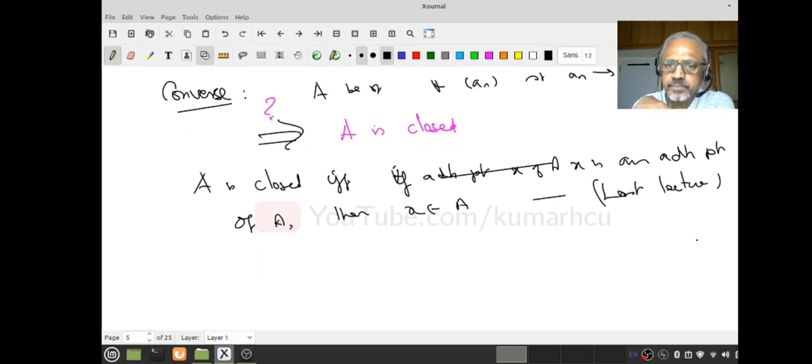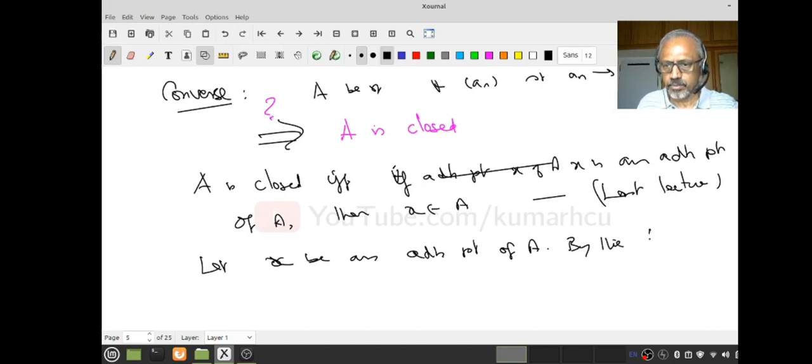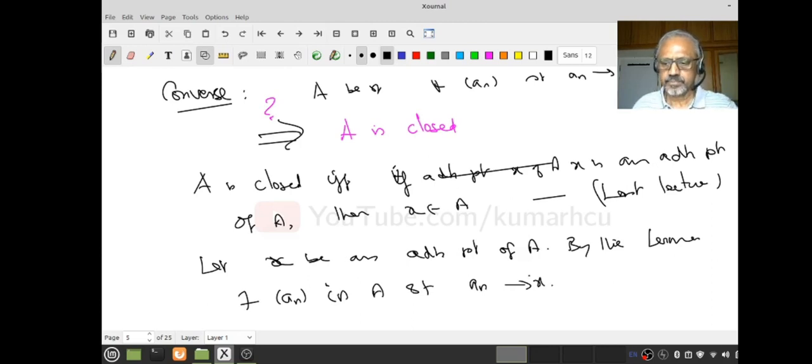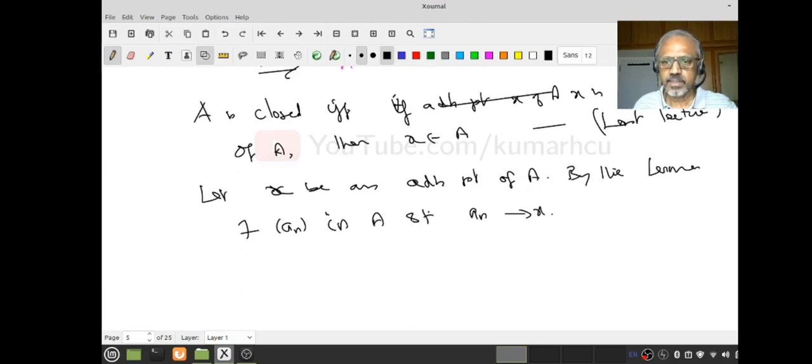So let x be an adherent point of A. Then by the lemma above, what do I know? There is a sequence a_n in A so that a_n converges to x. By the assumption on A, x must be in A.